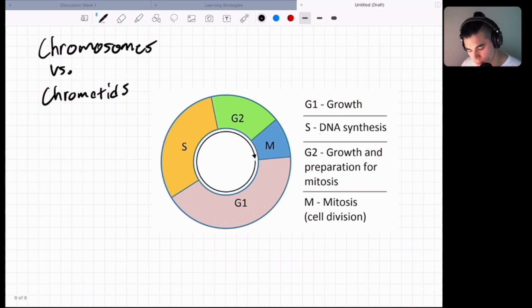Well, it's important to know that in humans we have all sorts of different cells. We have skin cells, liver cells, kidney cells, brain cells, toenail cells, and all of them have to go through the cell cycle at different rates. Why is that?